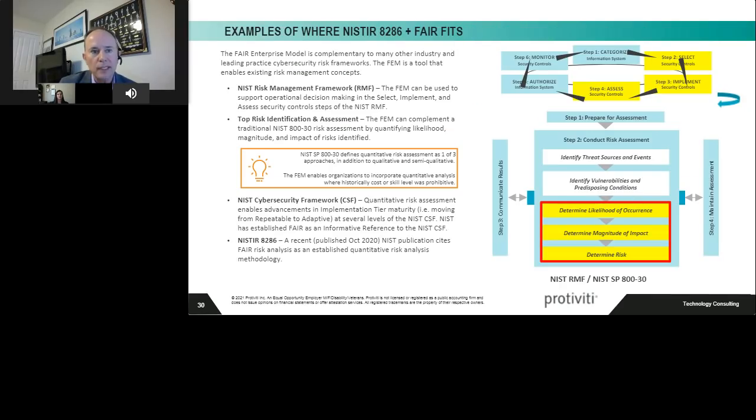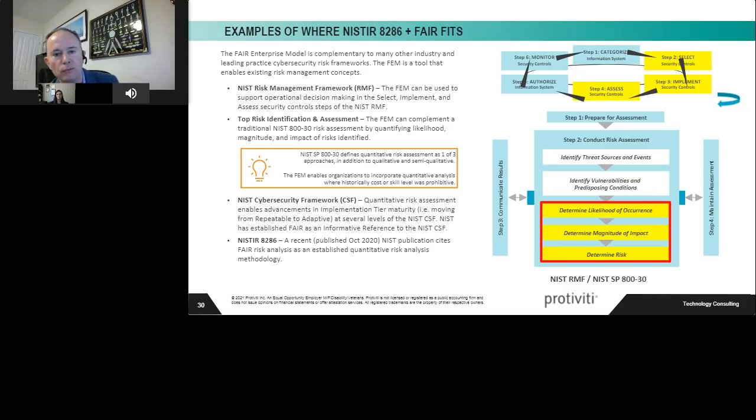If we look at some of the frameworks that are out there, this is the NIST RMF, NIST SP 800-37 Risk Management Framework. FAIR itself fits within the overall risk management framework. So it's really kind of the same process. We're preparing, we're conducting a risk assessment, identifying threat sources and events, identifying vulnerabilities and conditions, determining the likelihood, the magnitude, the risks, communicating them, and then monitoring and treating them, right?